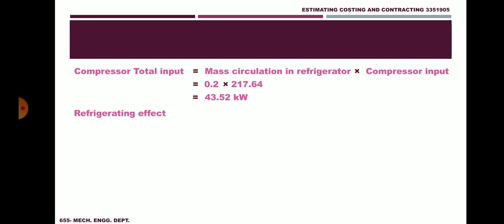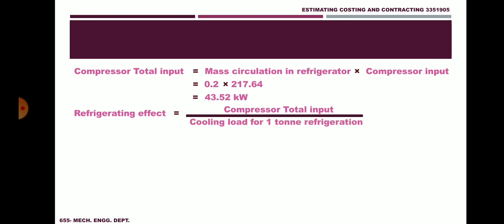Now the refrigerating effect equals compressor total input divided by the cooling load for 1 ton of refrigeration. It is the load required for producing ice cubes at a low temperature.